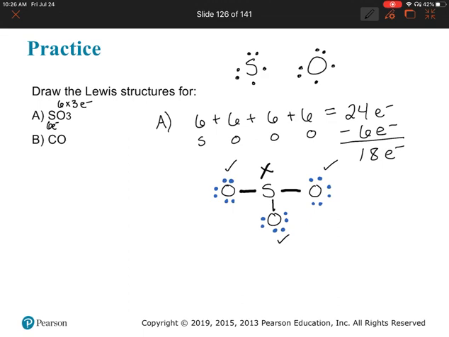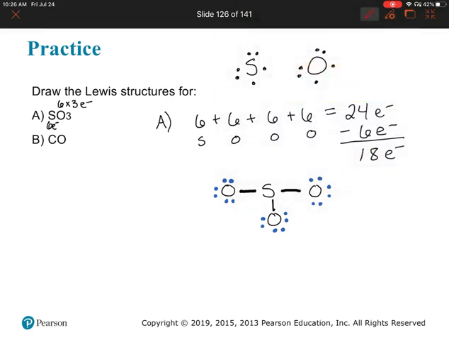This is where we might need a double bond or a triple bond in order to make sure everything has 8 electrons. So I'm just going to move some electrons around.